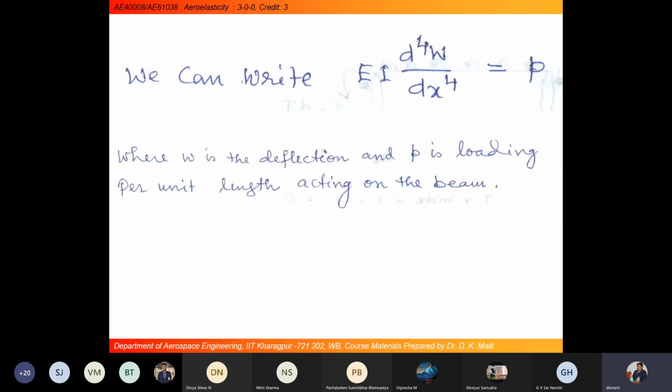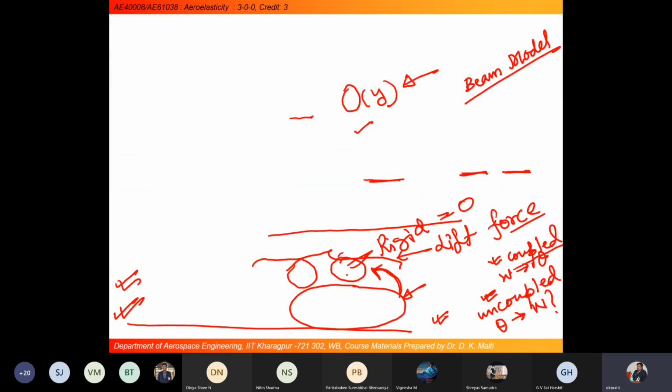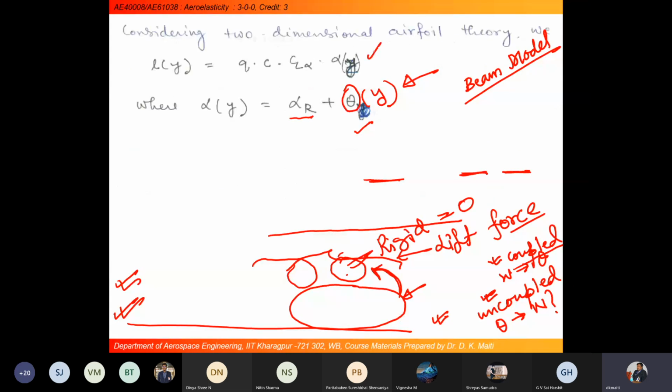If you look here, first we have calculated the lift distribution. Lift distribution will be q into c into cl alpha into alpha of y. This alpha of y has two components: one is the constant part alpha r, plus theta as a function of y. Then the aerodynamic moment can be calculated. One is coming from the lift distribution.